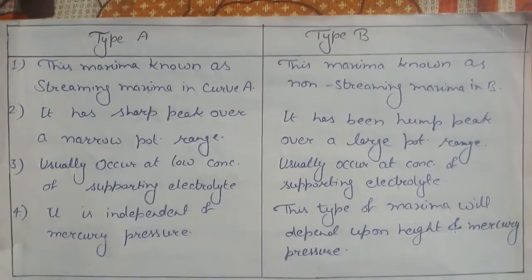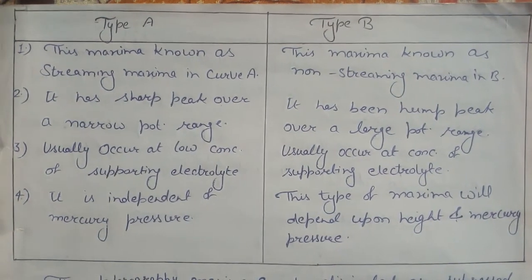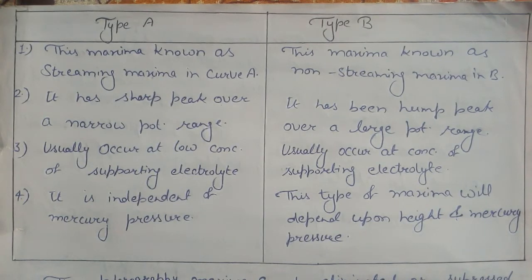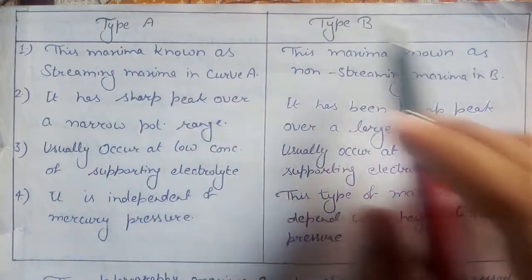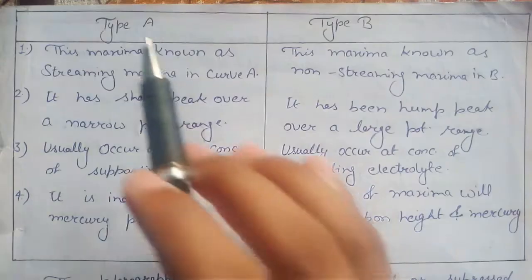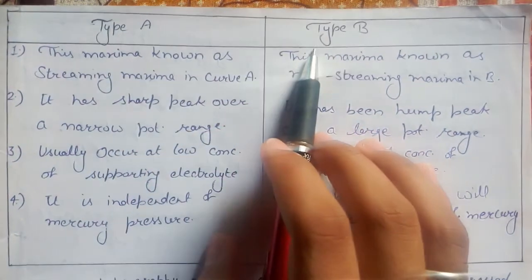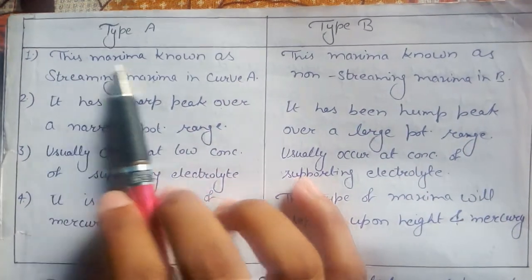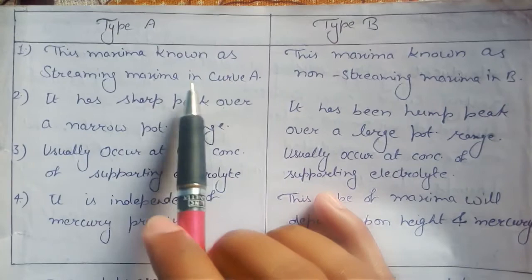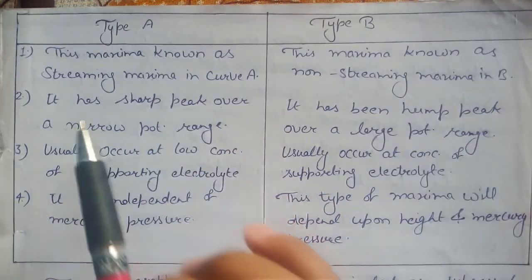After this, there is a difference between type A and B. If the question is within 2 marks in your exams, like short question types, or within 4 marks, then you can describe it like this. Type A maxima is known as streaming maxima, shown in curve A in the last diagram.